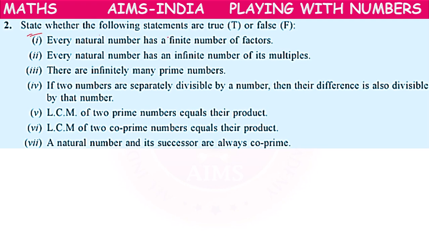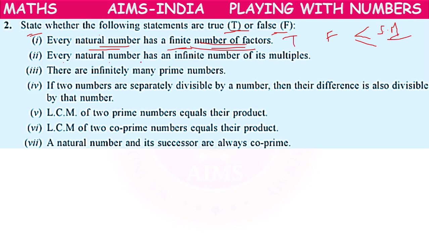State whether the following statements are true or false. Every natural number has a finite number of factors. Yes, factors are always finite because the factors of any number are less than or equal to the same number. So that's why they are finite. True.